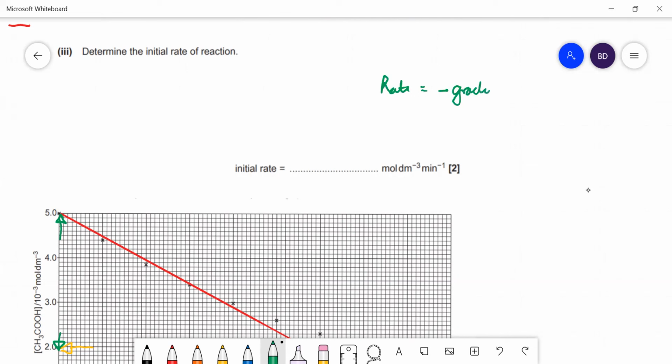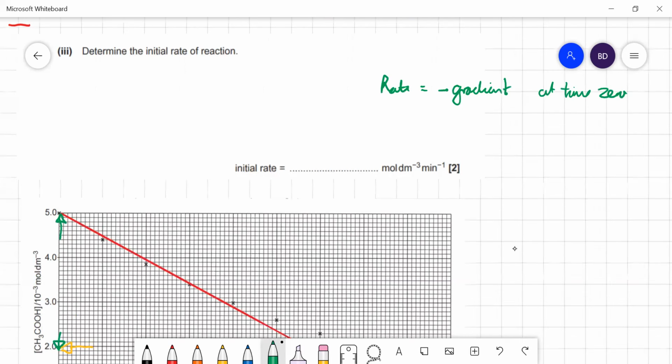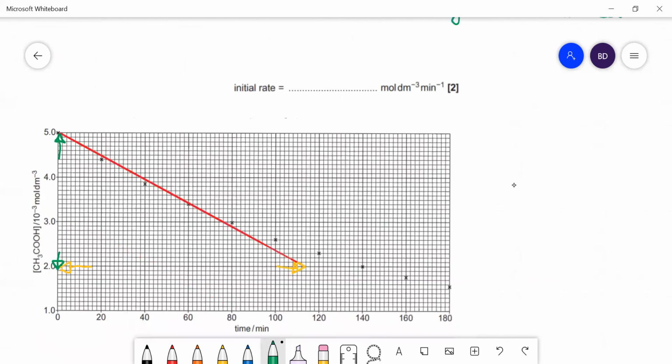It's got to be negative because it's the disappearance of the reactant rather than the appearance of the product at time 0. So I haven't bothered drawing the curve, but I've just drawn the tangent, because you can see that red line is the tangent essentially at time 0. So locally that line is straight, isn't it? There. So we just need to measure the gradient of that red tangent.